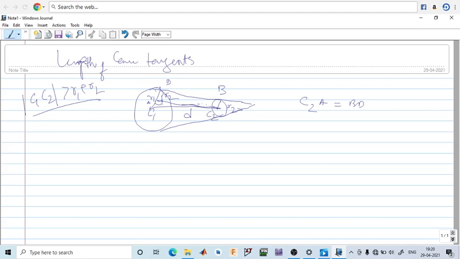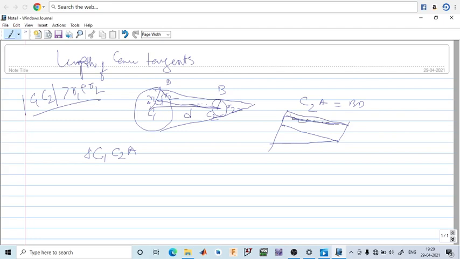If I apply the Pythagoras theorem to triangle C1C2A, it is not like this, it's like this.